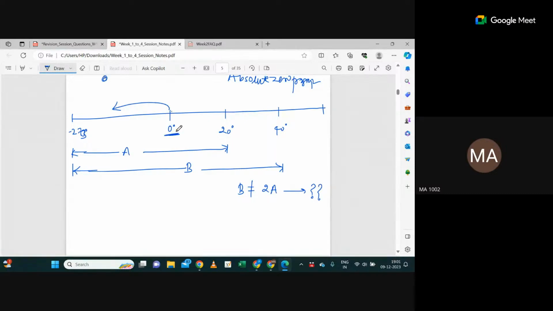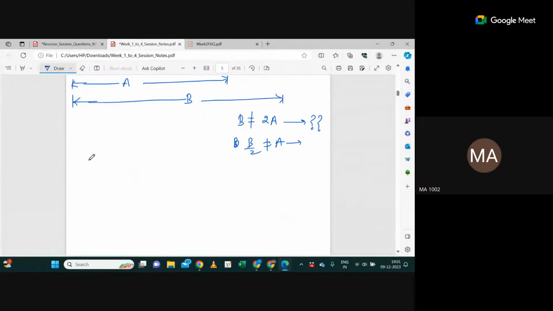Here 0 means there is some meaning, and in interval scale of measurement, values can be below 0. If there is absence of absolute zero, things can take negative values also. That's why I'm not able to perform like this. I can't say B by 2 is equal to A either. So in interval scale of measurement I can perform only addition and subtraction.